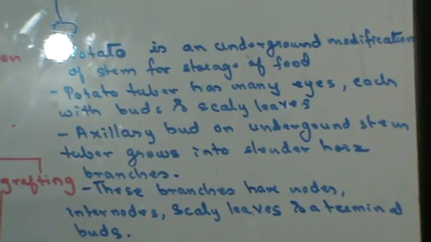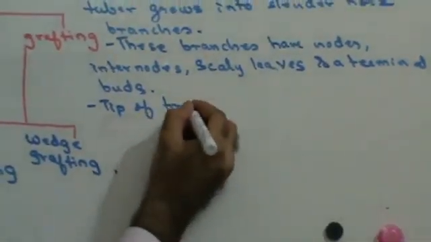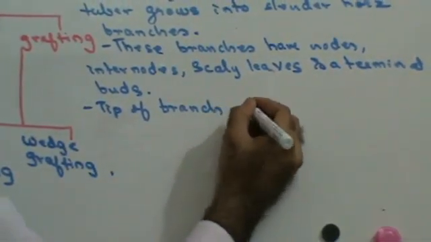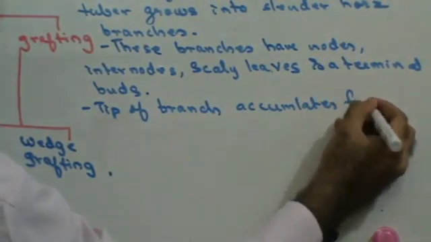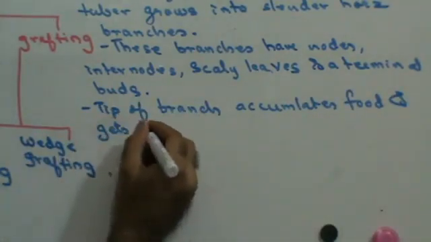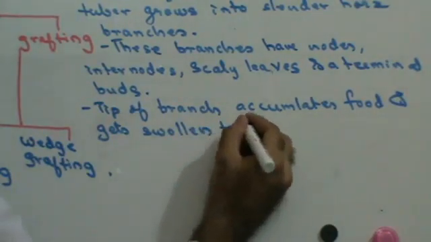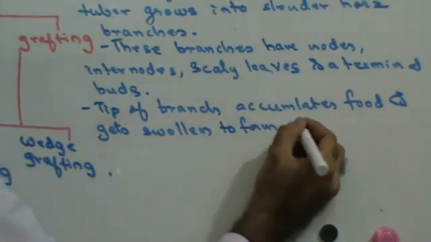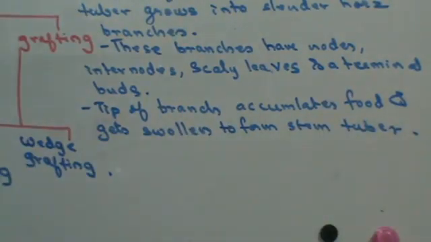So as a result, the tip of the branch accumulates food and gets swollen to form stem tuber. So that's how vegetative reproduction would take place in stem.